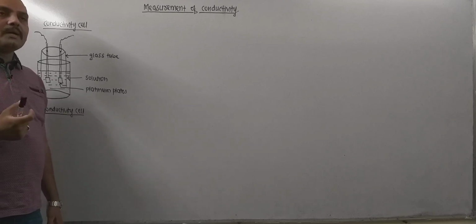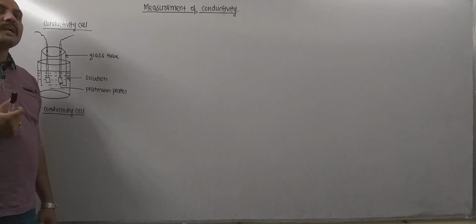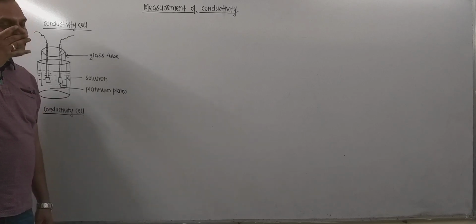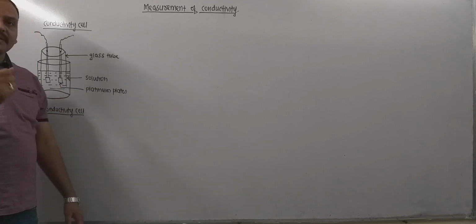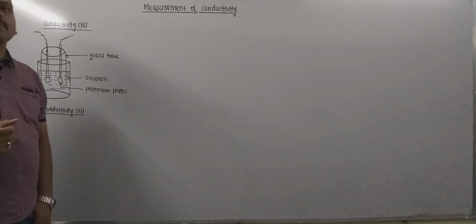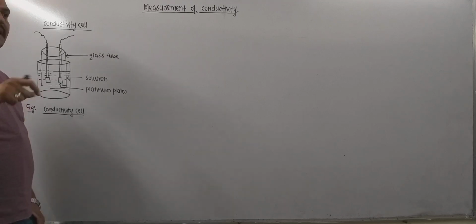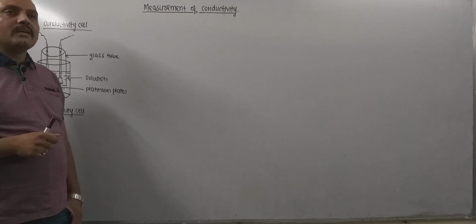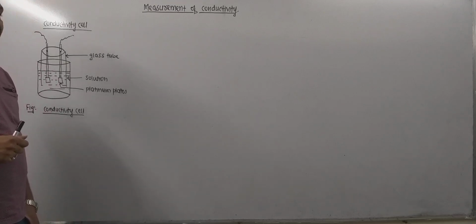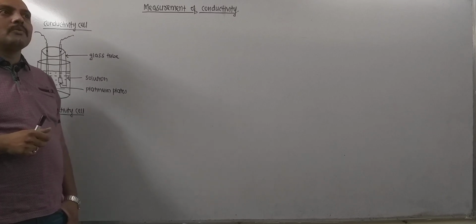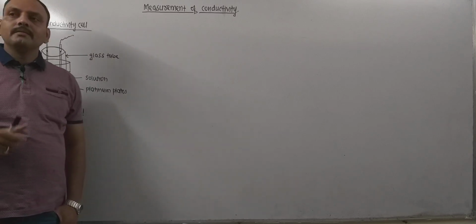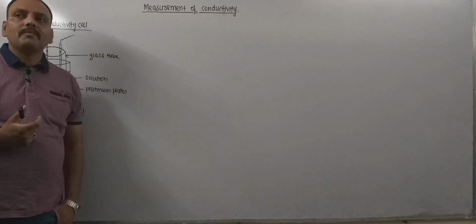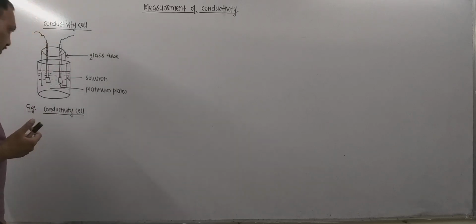So finely divided platinum is to be coated on these platinum plates. For that purpose we need to use chloroplatinic acid. The plates are placed in chloroplatinic acid solution and an electric current is passed through it, during the course of which a thin layer of finely divided platinum, what we call platinum black, is coated.